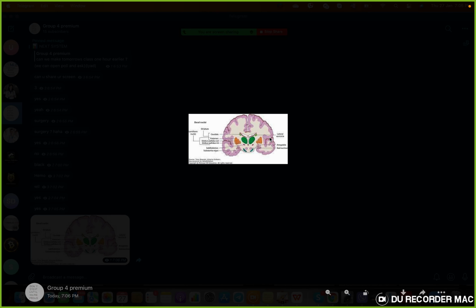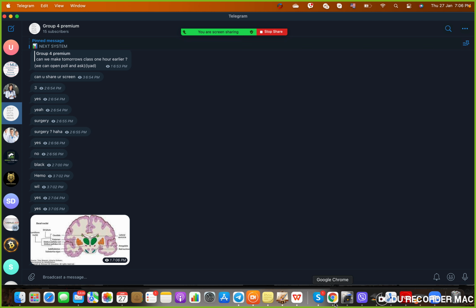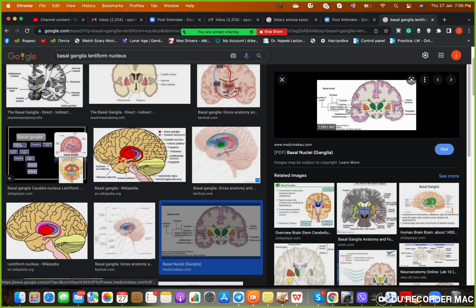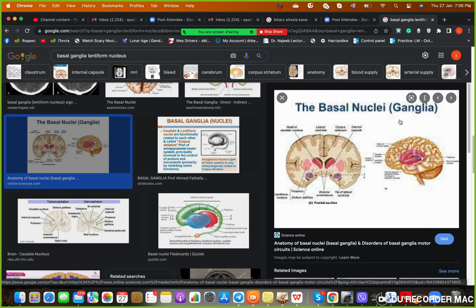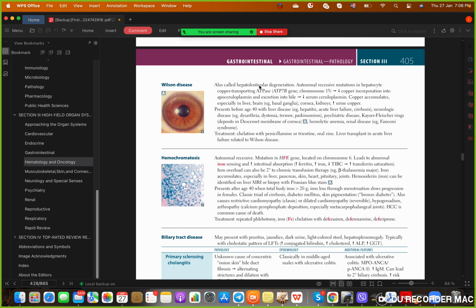As you can see here, it's written lentiform nucleus. The lentiform nucleus is made up of the putamen and globus pallidus internus and externus. Together, they make a lens-like structure. This lens-like structure, which is this one, is called the lentiform nucleus, and it's affected by Wilson disease.